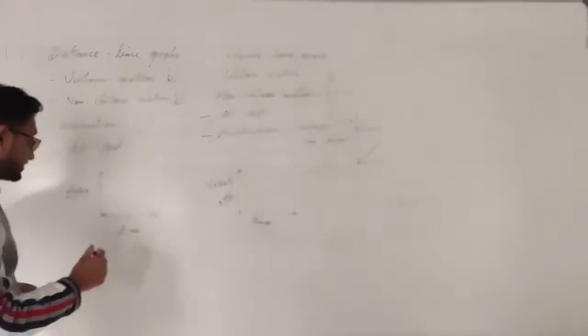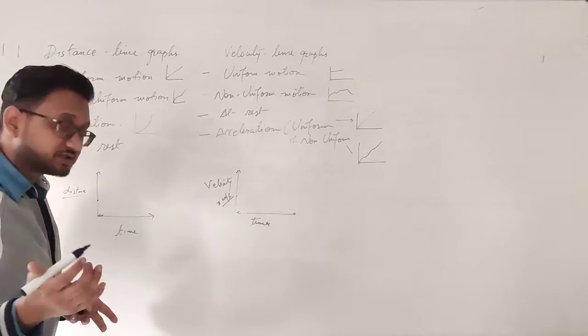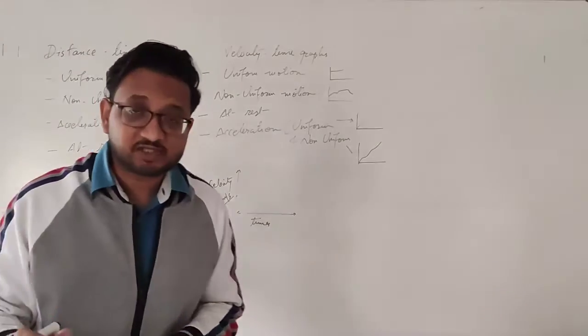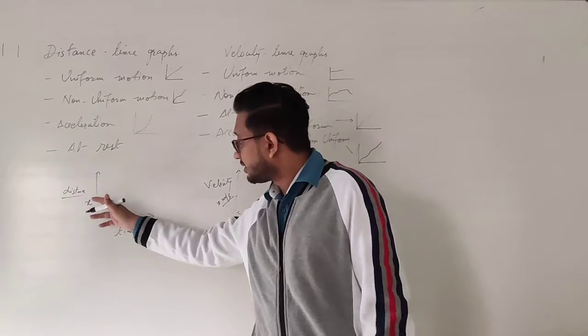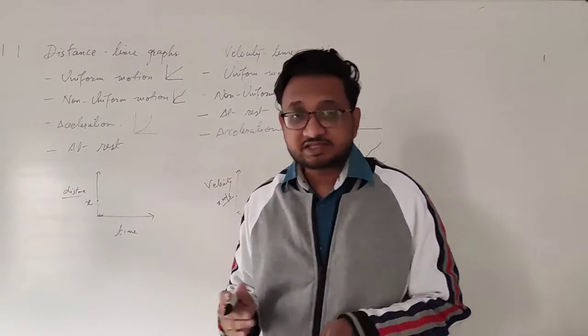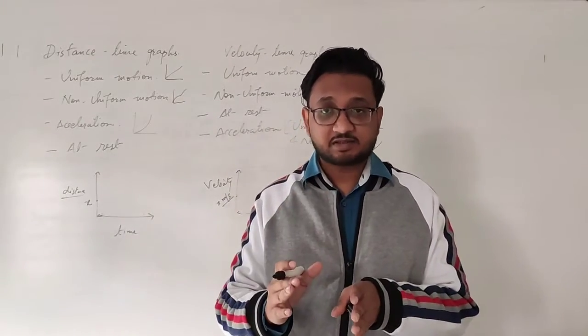Let's say that as the time increases, the person or object is at a certain distance of x meters, whatever it may be, 2 meters or 100 meters, it doesn't matter. The object is at x meters, and as the time increases, the object is not moving, so it is still at rest.